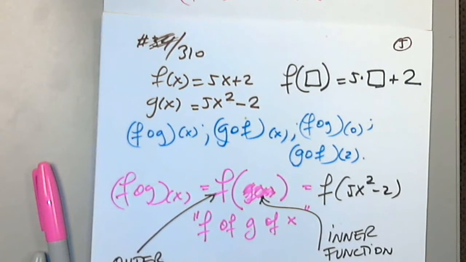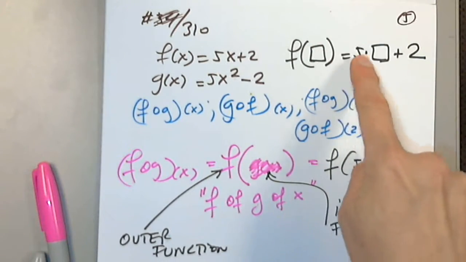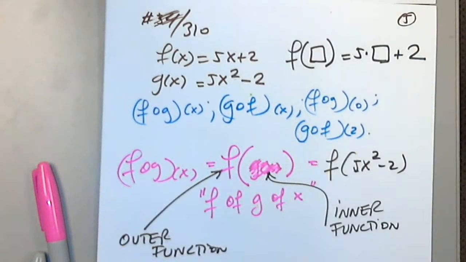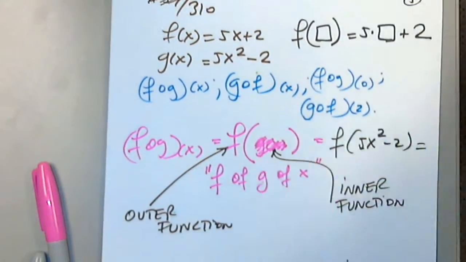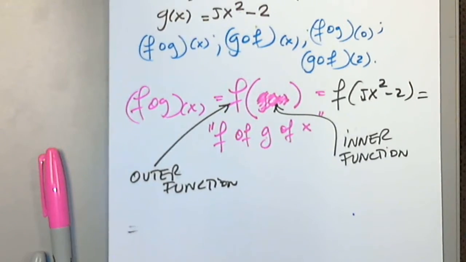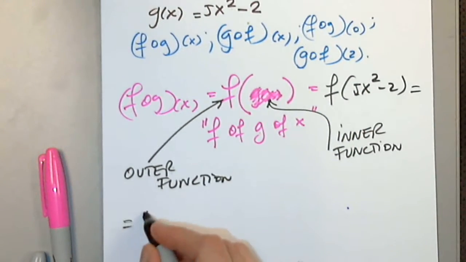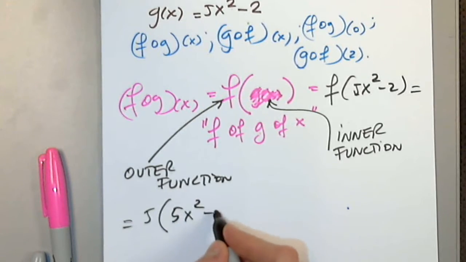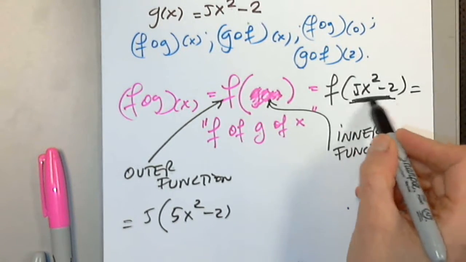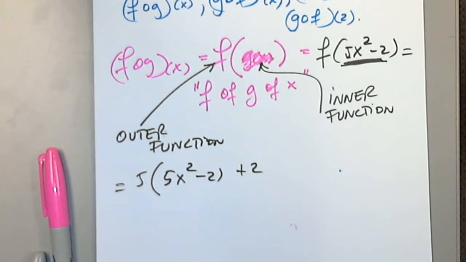Same idea. So f of whatever is 5 times whatever plus 2. So please dictate. f of g of x. I'm here. 5 times whatever. 5x squared minus 2. This is the whatever. Plus 2.